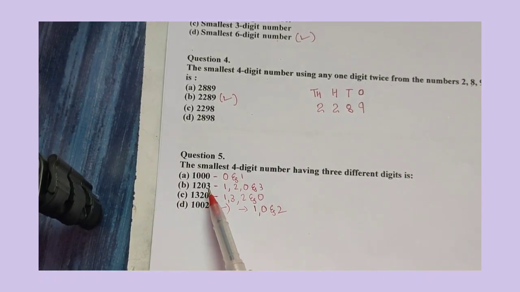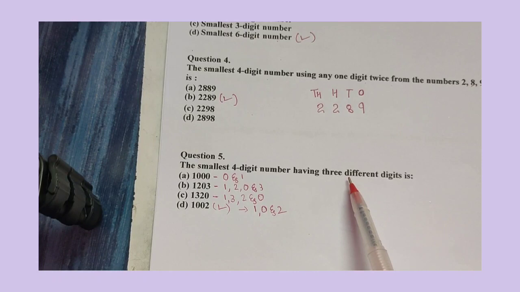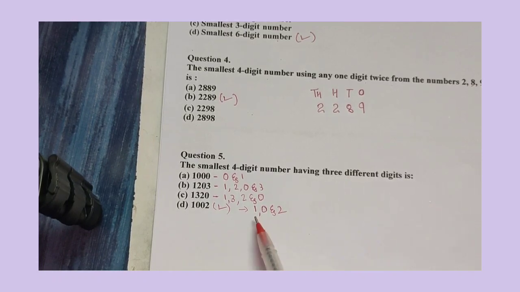In option B, 4 digits are used, that is 1, 2, 0 and 3. In option C, again 4 digits are used, 1, 3, 2 and 0. But in option D, it's a 4-digit number, and it also satisfies the second condition, that 3 different digits, 1, 0 and 2, are used. So option D will be the correct option here.